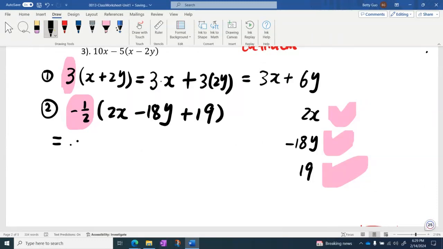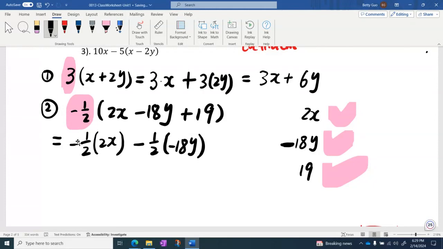Do not rush. This is what I would do. I write each single step down. The first term multiplied by -half, and the second term multiplied by -half. Be aware the second term is a negative 18y. The negative sign is with the term.